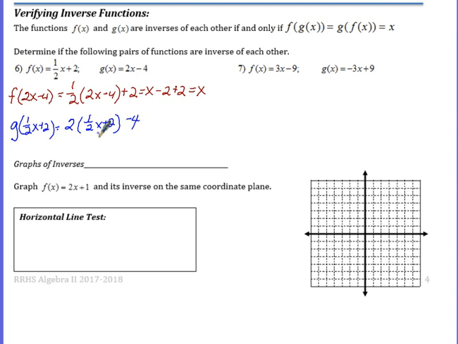That's inputting the f function into g. Let's simplify this. 2 times 1/2, that's 1x, plus 4 minus 4. These cancel. Sure enough, they both equal x, and therefore they equal each other. So I have verified that they are inverses of each other, that this f of x and this g of x are inverses of each other.